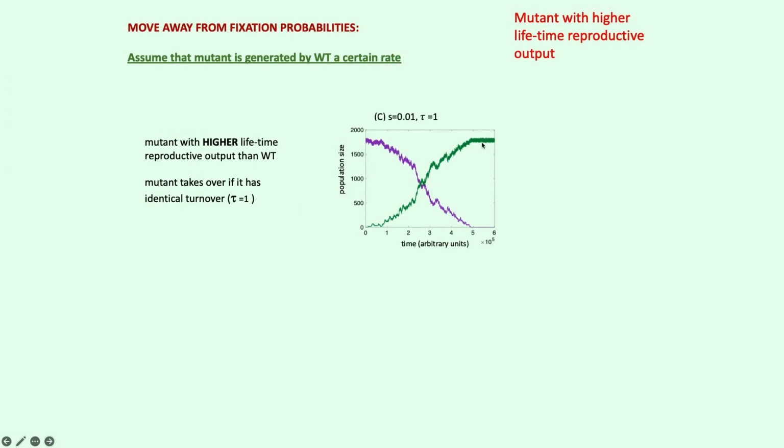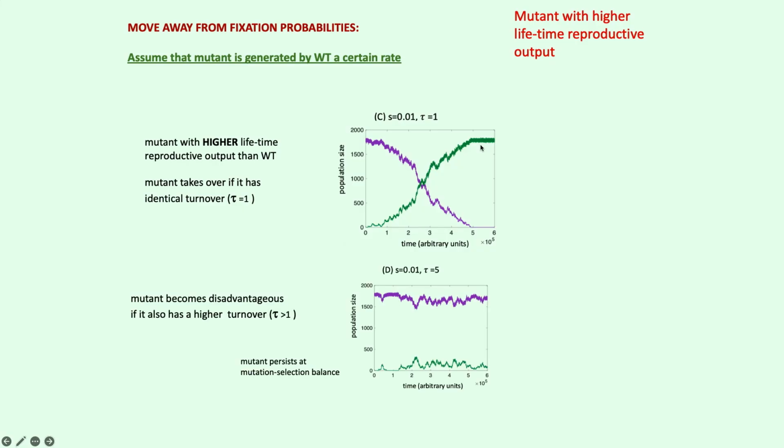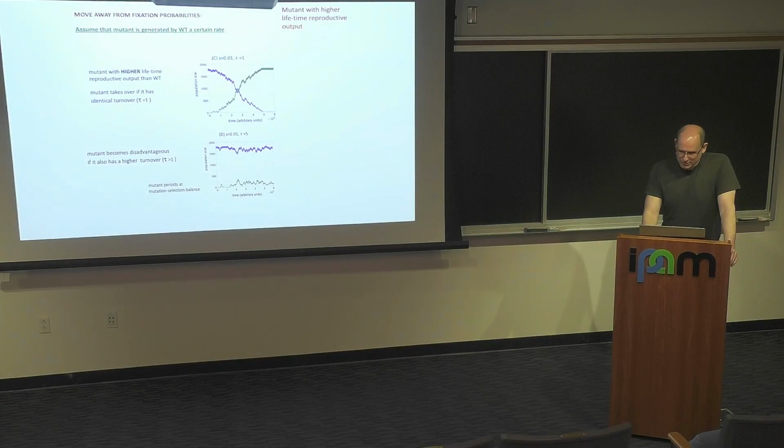It sweeps in, as expected. Now you increase the turnover, still a higher lifetime reproductive output. It persists at a selection mutation balance. So that underscores that it's not obvious anymore how lifetime reproductive success correlates with selection if both birth and death rates are increased in those mutants.